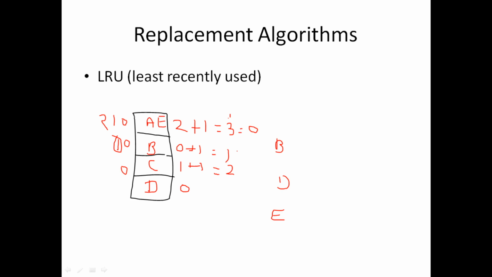Previously we increased only those that were lesser than the hit block's counter. Now we increase all, so plus 1, plus 1 and plus 1. So it will be 1, it will be 3, and it will be 2. So this is the rule of LRU.